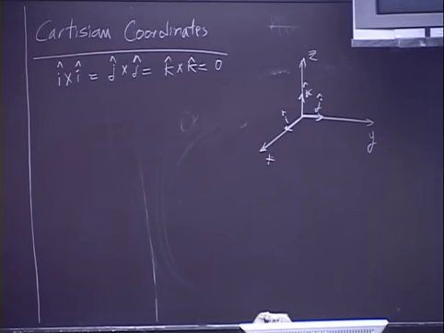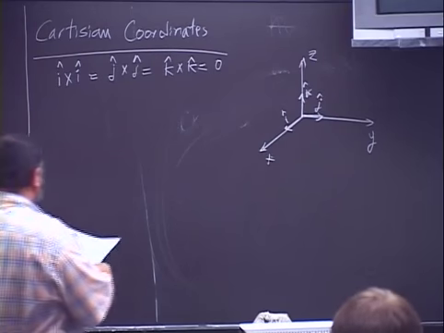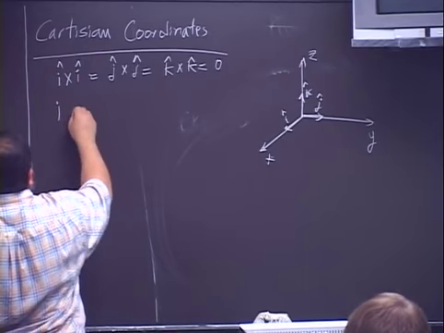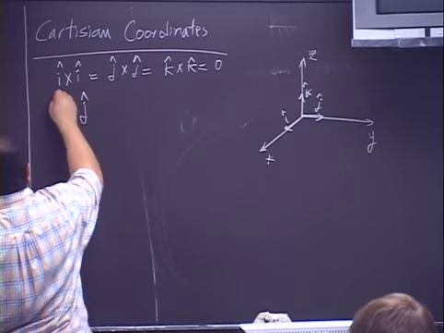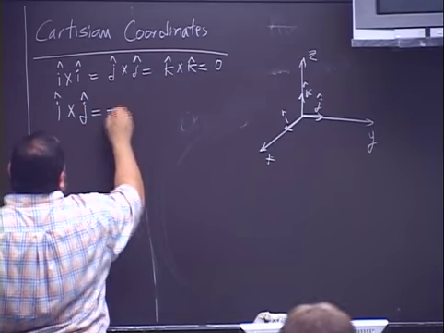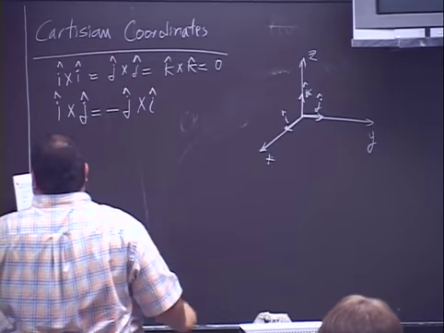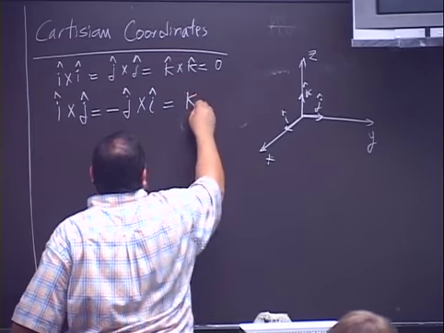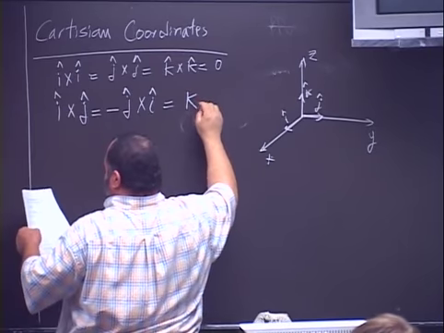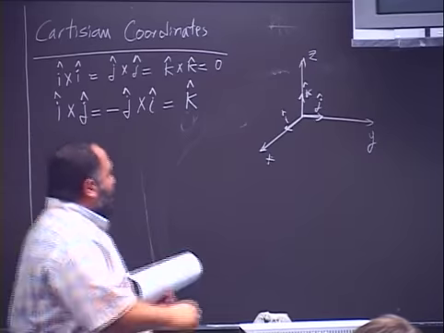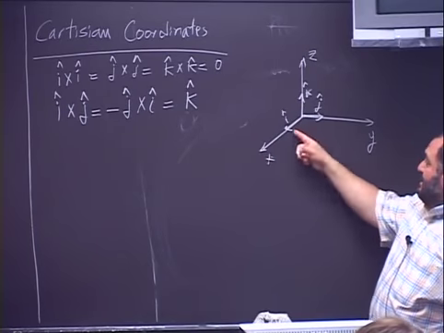So let's assume that also I crossed with J will give us negative J crossed with I. And this will give us what? The vector K.